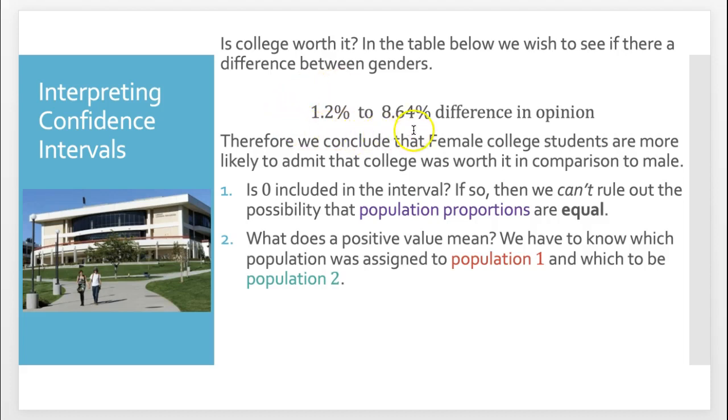So right away I know that females are more likely to state that college was worth it, anywhere between 1.2% and 8.64% more likely. If these values were negative, say negative 8.64 to negative 1.2%, then we'd be saying that males are more likely to say that college was worth it.